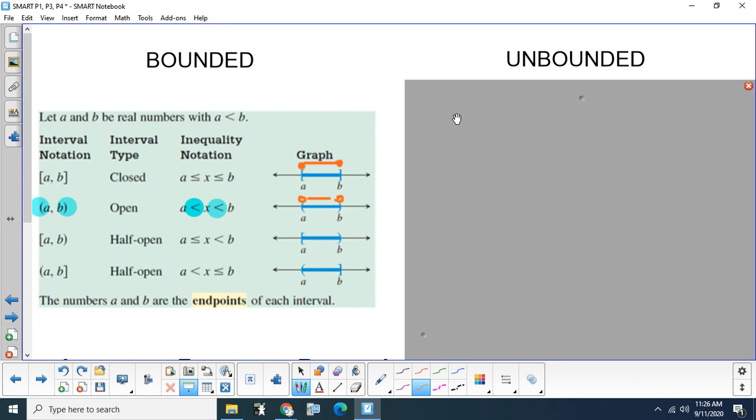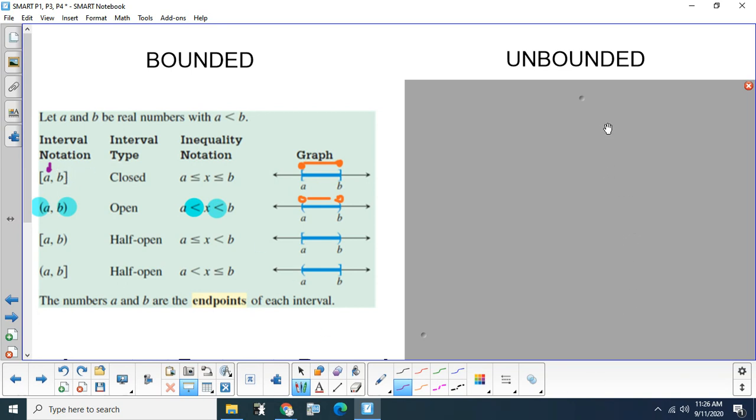So it's very important that you understand how to use it. The other part of interval notation that's really important to understand is that the first term listed in your interval notation must be the smallest or leftmost term on your number line. So this should always be the smallest term, and this should always be the largest term.